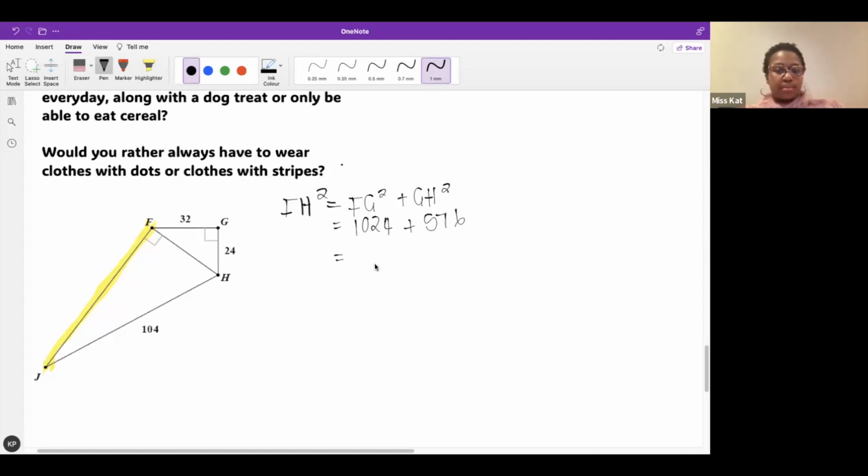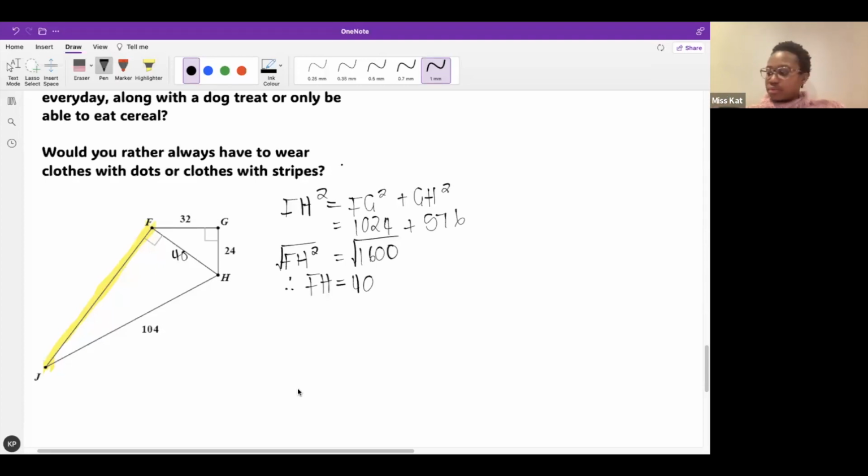Which will be 1600. So we have to figure out the square root of 1600, which will be 40, ma'am. Okay, so we know FH is then 40. Wonderful. Okay, now what?